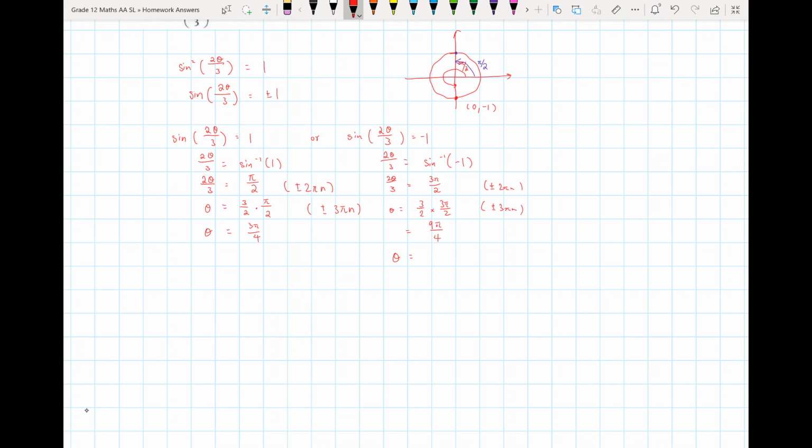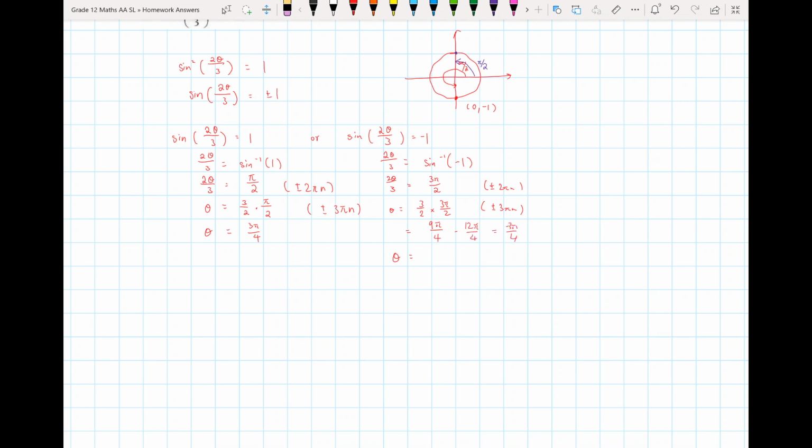So now if I go back, 9 pi by 4 in this case will be 2.25 pi. It's still too big. So if I subtract 3 pi here, this will be the same as 9 pi minus 12 pi over 4, which is negative 3 pi.